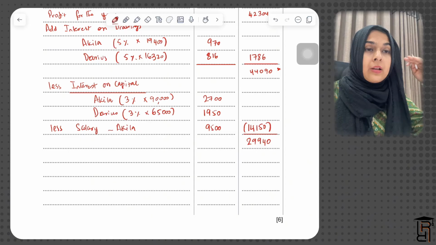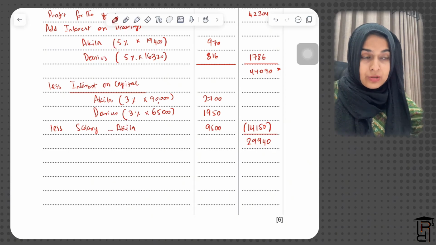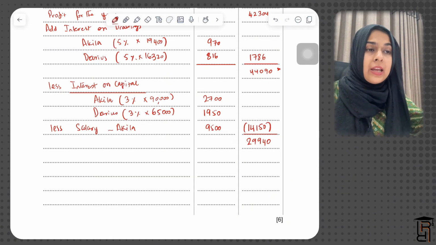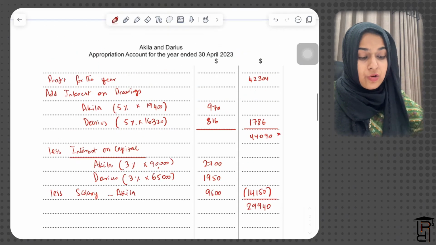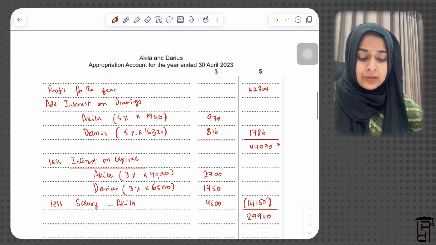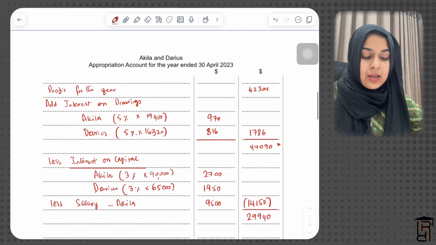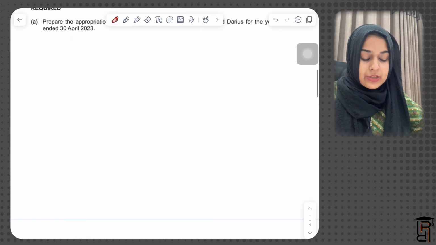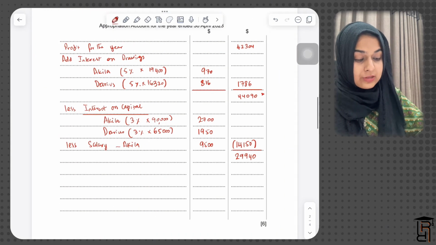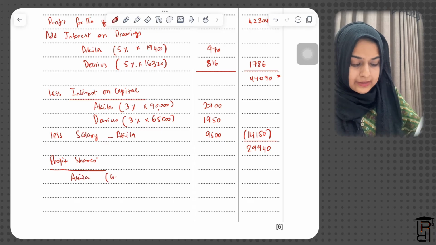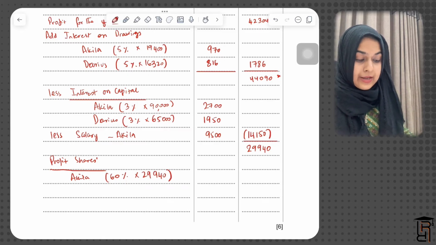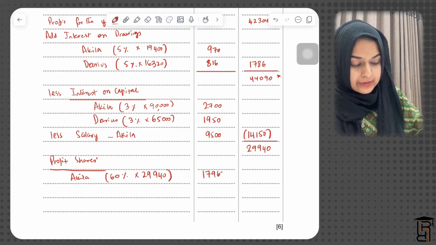When you add interest on drawings, subtract interest on capital and subtract the salary, the profit that remains is the residual profit, which will be divided in the profit sharing ratio, which here is 60% for Akila and 40% to Darius. So 60-40 is the ratio, and we'll calculate their profit shares. First Akila: 60% of 29,940 comes out to be 17,964.